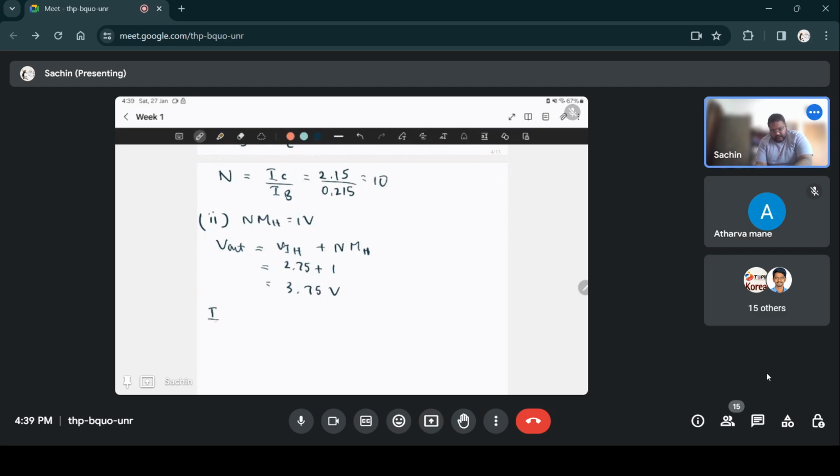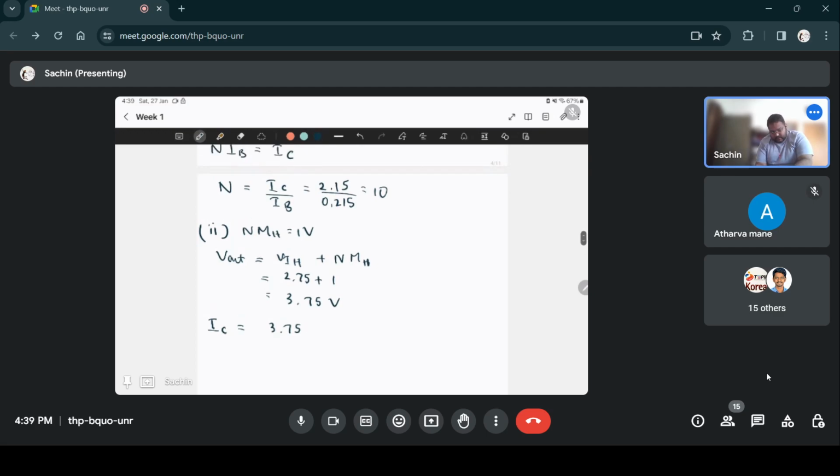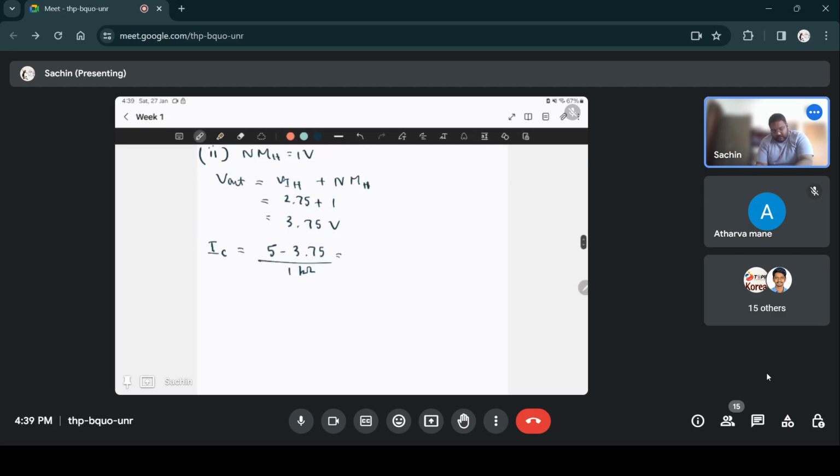So the current across collector resistance RC is 5 minus 3.75 divided by 1 kilo ohm, which is 1.25 milliampere.